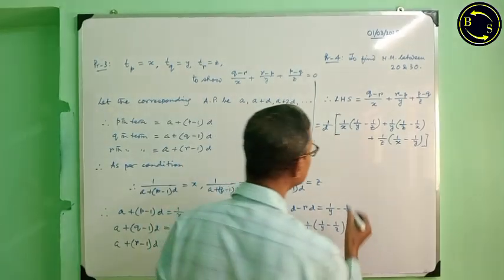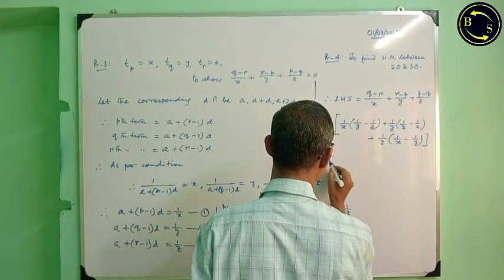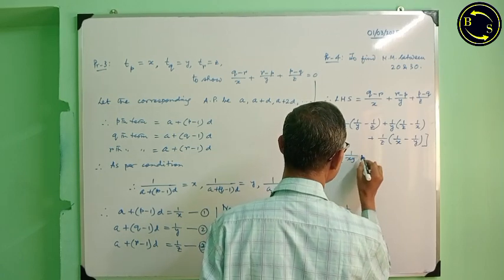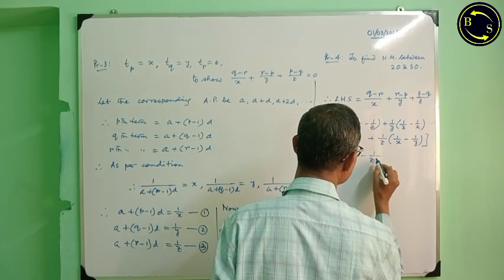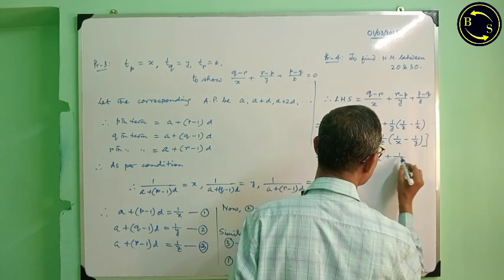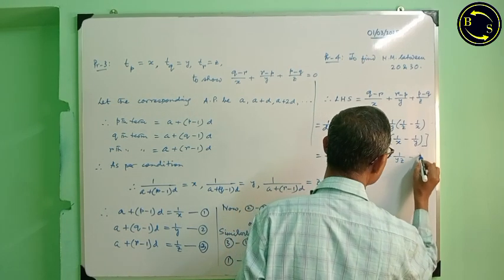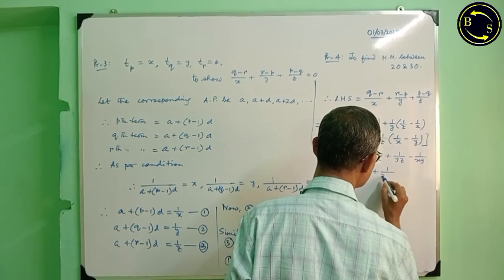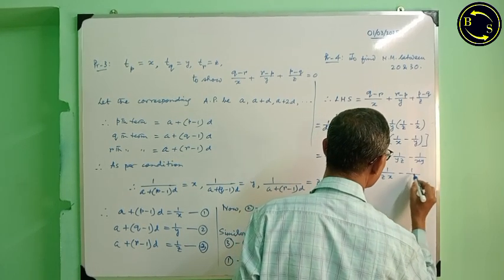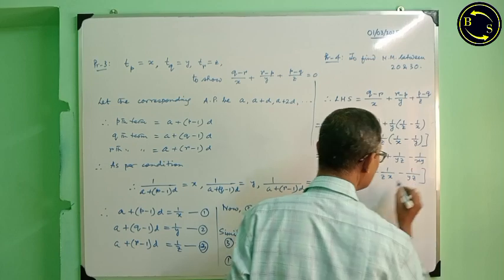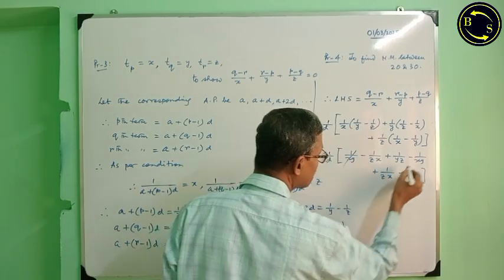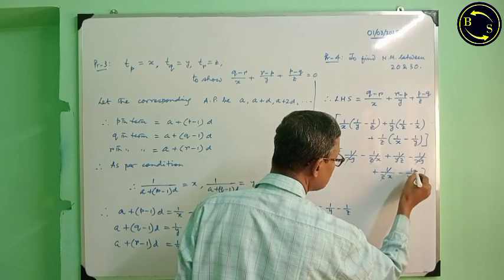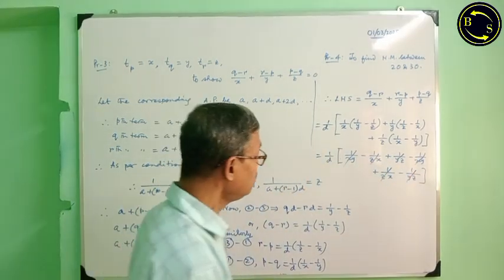Now we simplify. 1 by D, 1 by xy, 1 by zx plus 1 by yz minus 1 by xy plus 1 by zx minus 1 by yz. You see, cancellation, all terms within the third brackets are cancelled.